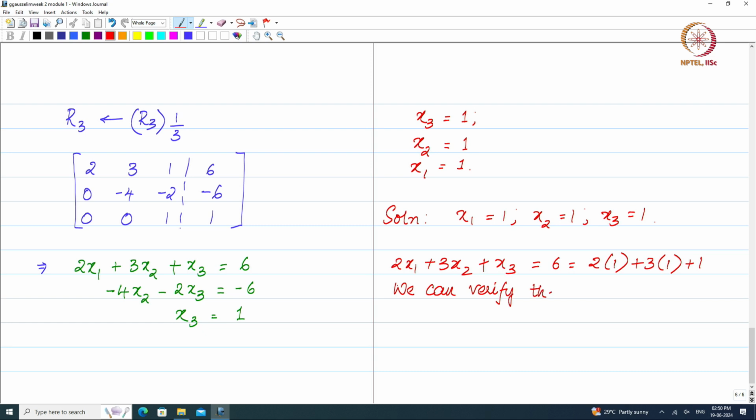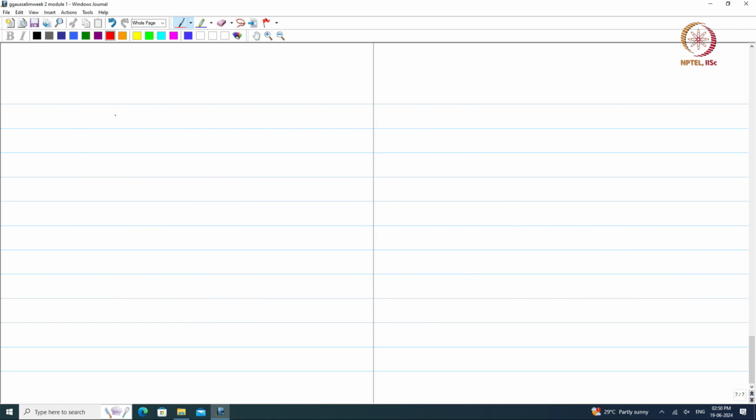We see that the solution to both the systems, namely 2x1 plus 3x2 plus x3 is equal to 6, 2x1 minus x2 plus 2x3 is equal to 3, 2x1 minus x2 minus x3 is equal to 0, and 2x1 plus 3x2 plus x3 is equal to 6, minus 4x2 minus 2x3 is equal to minus 6, x3 is equal to 1, are the same.